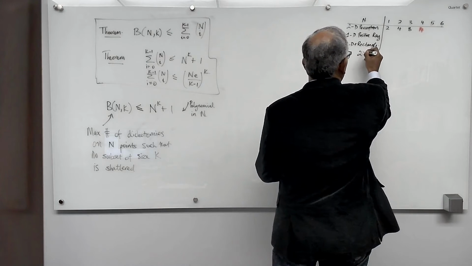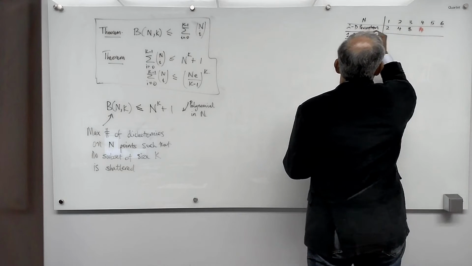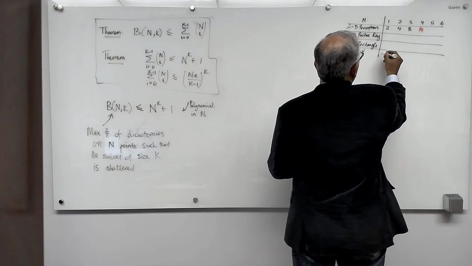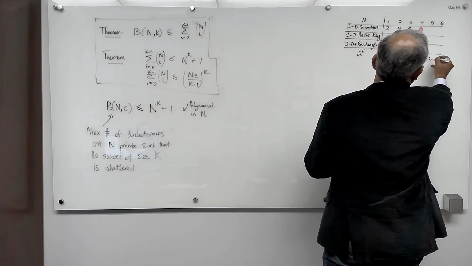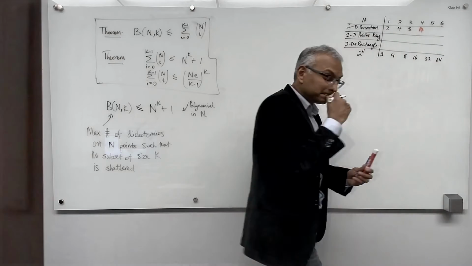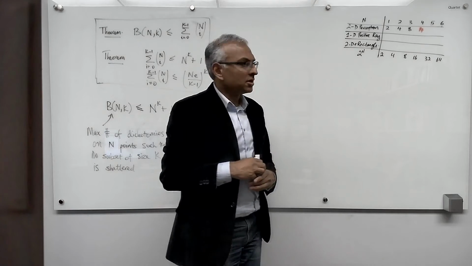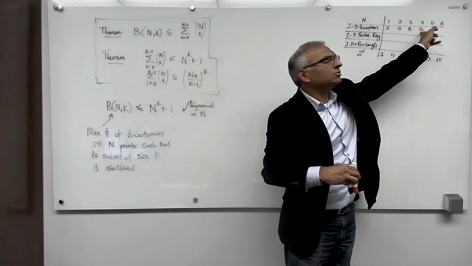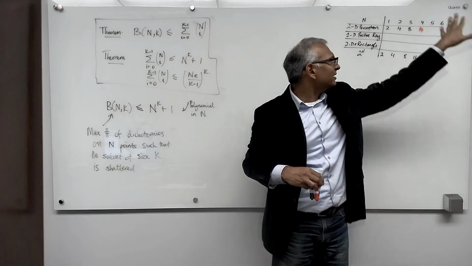So let me put 2 to the n here: 2, 4, 8, 16, 32, and 64. For 5 points, it's going to be less than 32 because you can't implement all the dichotomies on 14. 6 is going to be less than 64 and so on, but we didn't compute those.